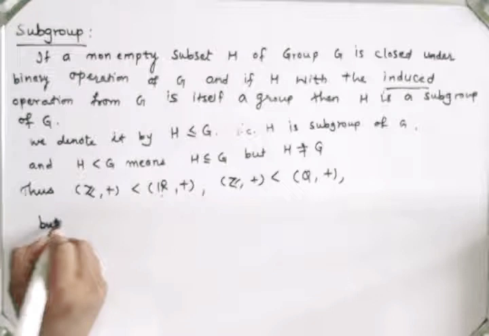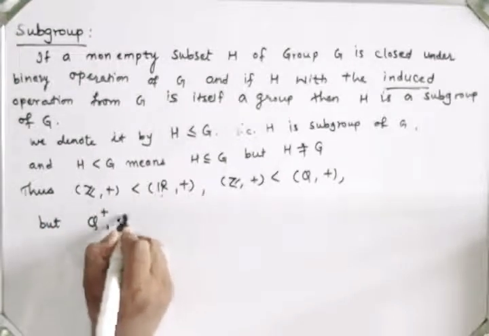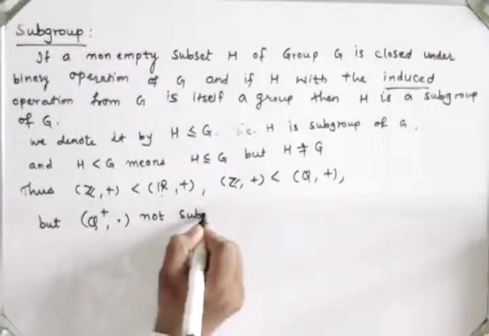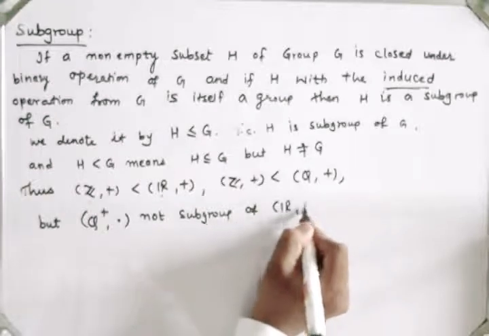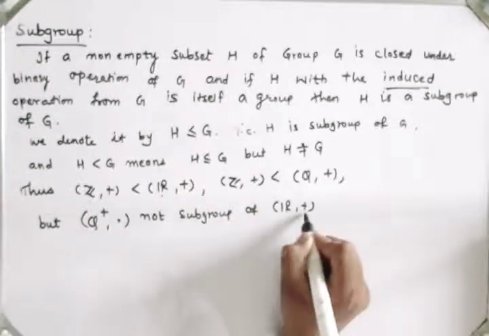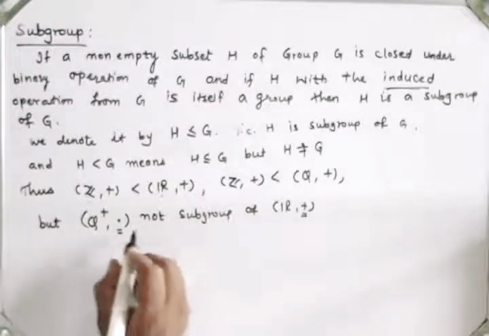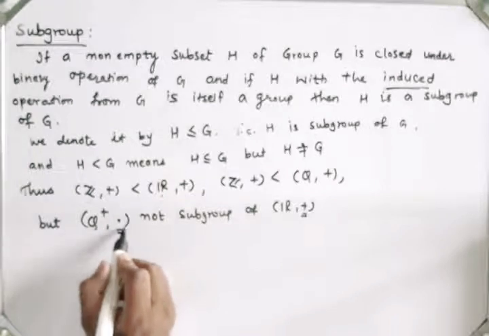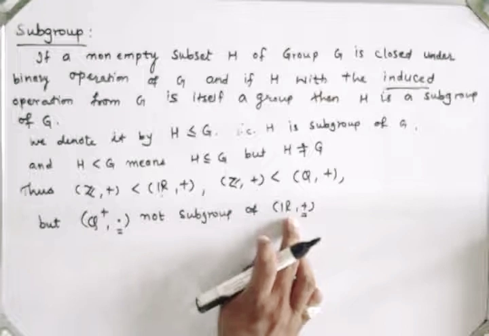But set of positive rational numbers under multiplication is not a subgroup of real numbers under addition, because here the operation is addition and here the operation is multiplication. So Q plus under multiplication does not form a group under real numbers under addition.